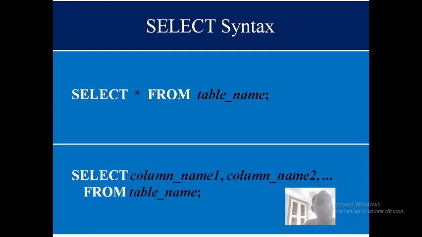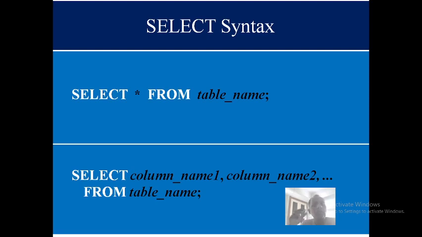Select star from table name. Otherwise, select column name 1, column name 2, column name 3, so on. If from the student or a college, if I want only a first column, or I want only a second column, I want only a third column, or I want only first 2 columns or last 2 columns.